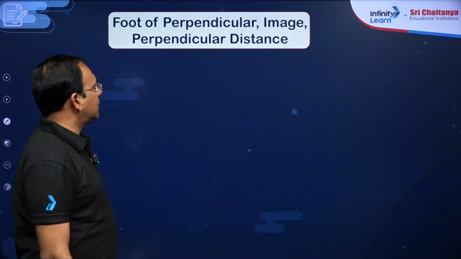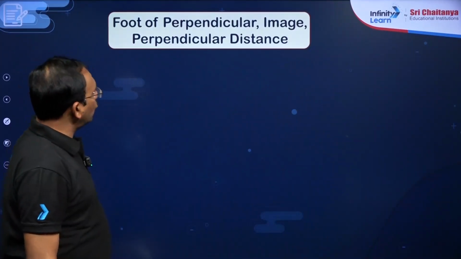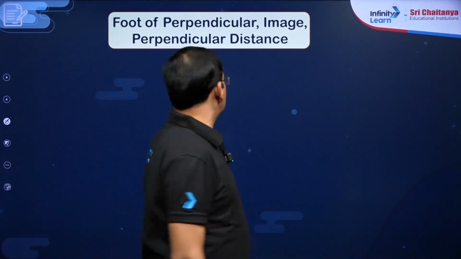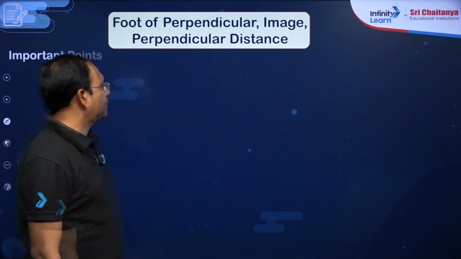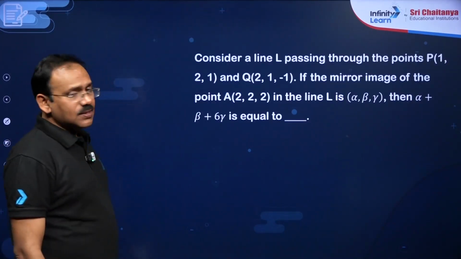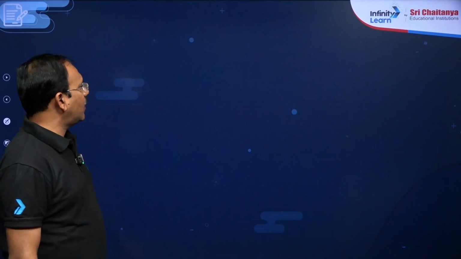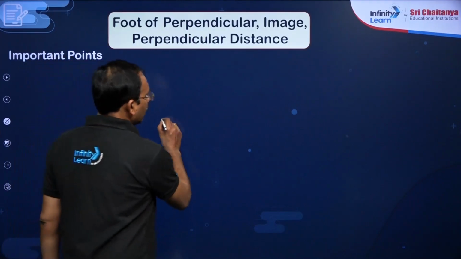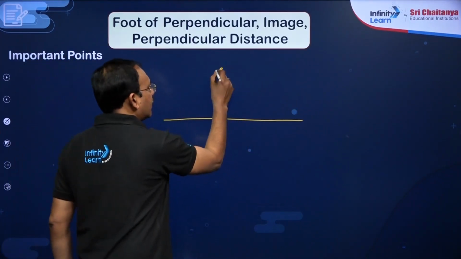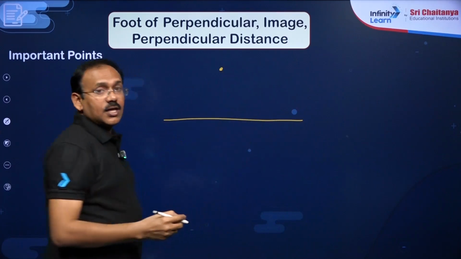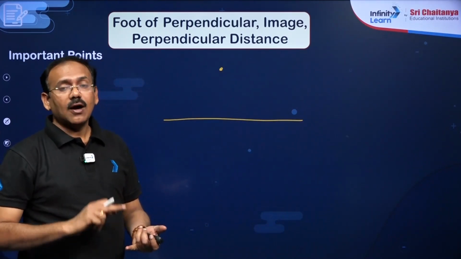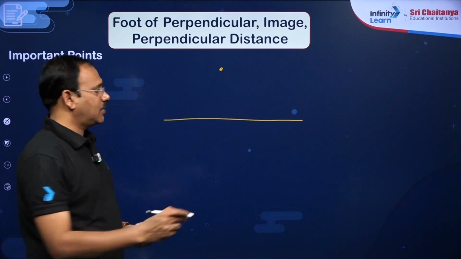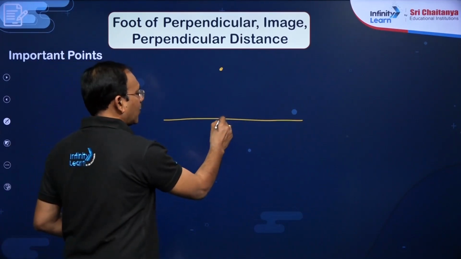Okay. Next, dear students. The next topic: foot of the perpendicular, image and perpendicular distance from a point to a line. You see, dear students, just now we have already done this. Here the point is very simple. Suppose you are given a line and a point is given. From the point to a line, if you want to find the foot of the perpendicular, or the image, or the perpendicular distance, the procedure is the same. Take the general point on the line.